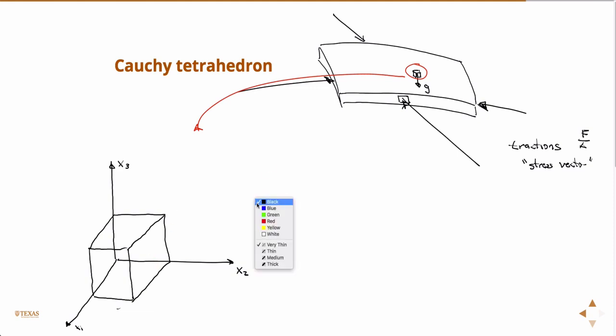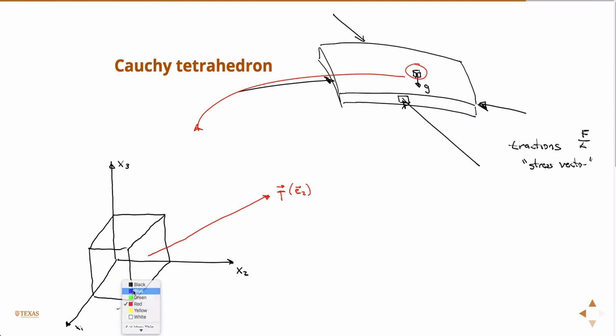So I have a force on this face. I'm going to call it T. It's a vector. And I'm going to use a little superscript here to say that this is in the E2 direction. And E2 is a normal vector that defines the normal to this face. Okay, so this is E2. Right? And likewise, there's an E1 and an E3.